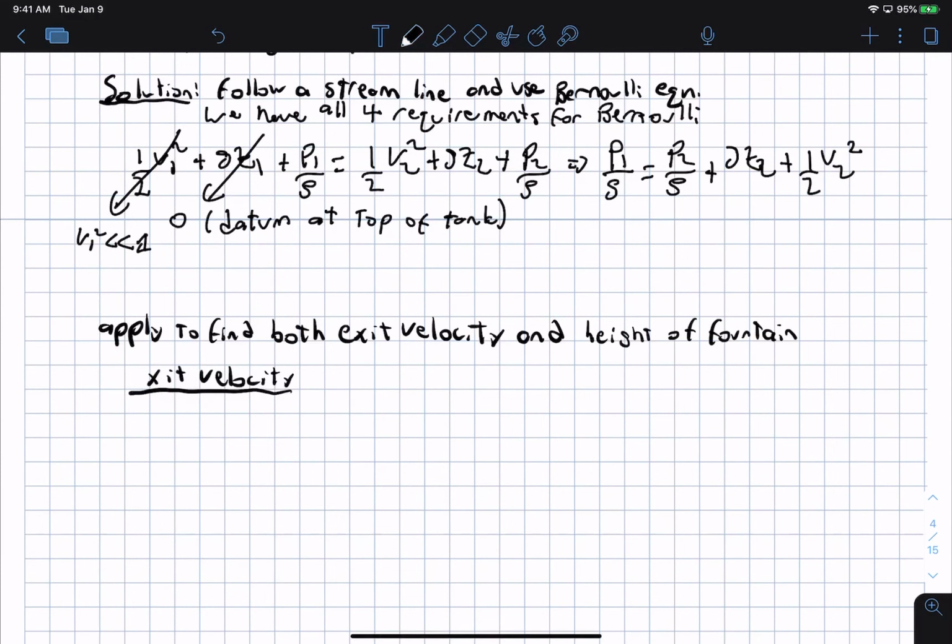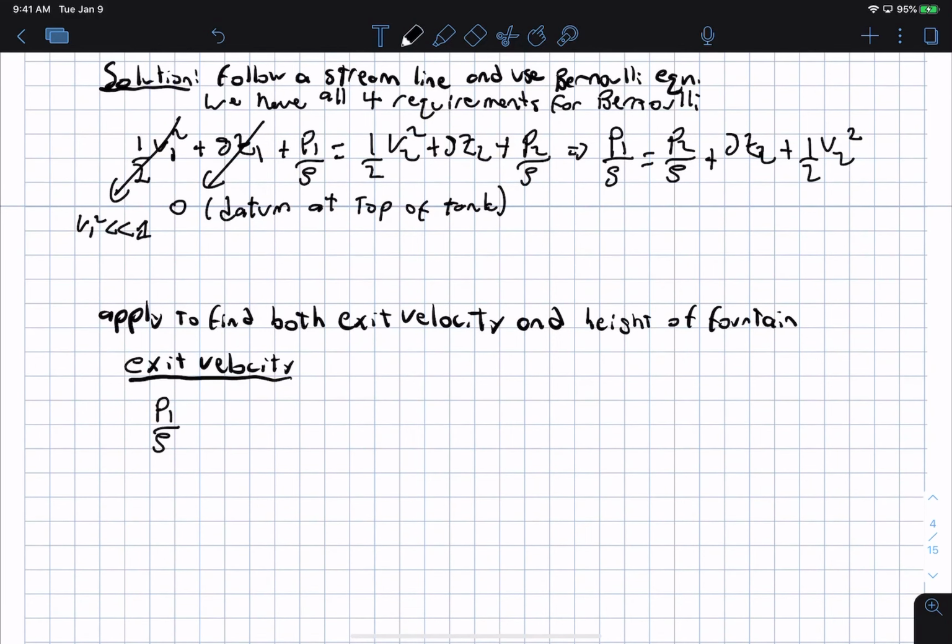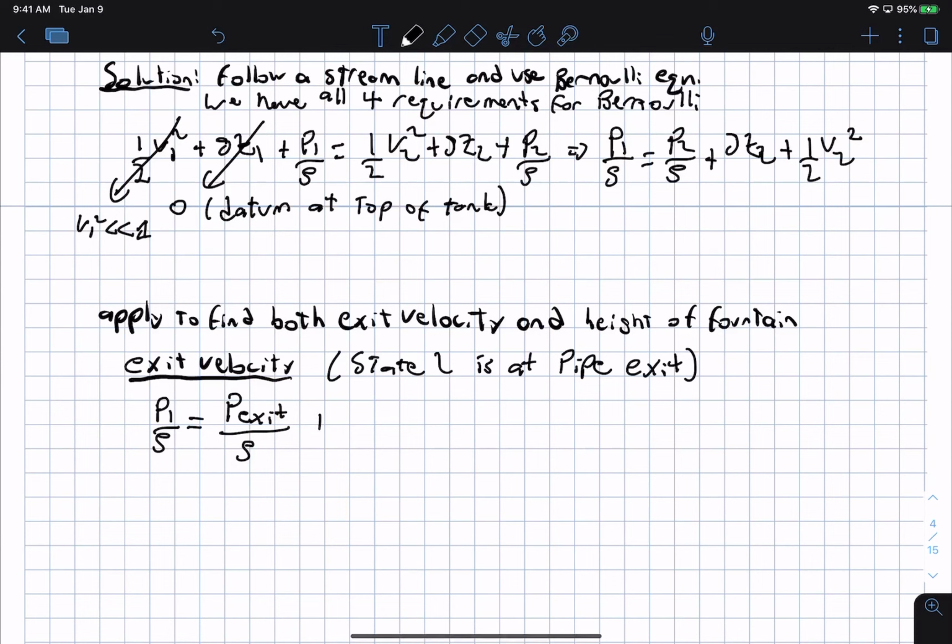So first, the exit velocity. We have that P1 over rho, which is the gauge pressure of the tank, is equal to P at the exit, over rho. So this would be state 2, which is at the pipe exit, plus g Z at the exit of the pipe, plus 1/2 V exit squared.